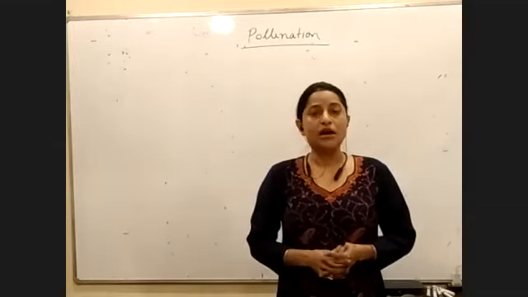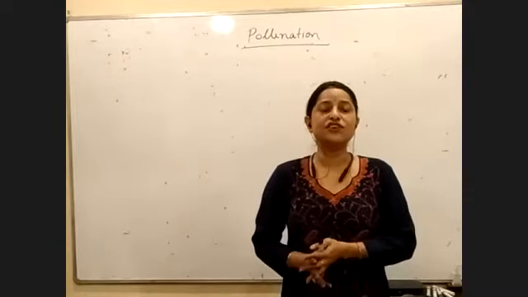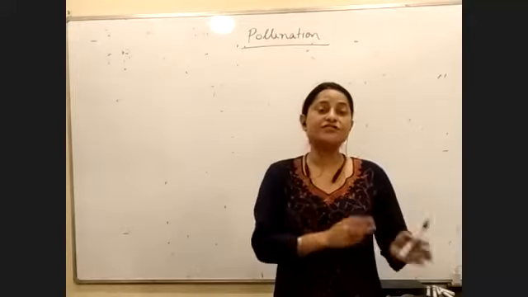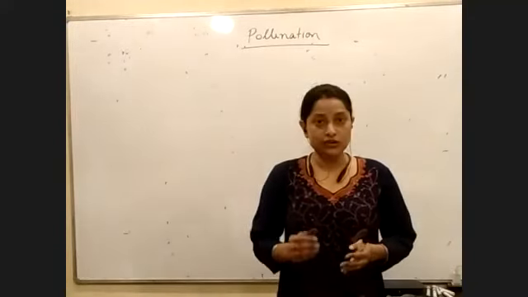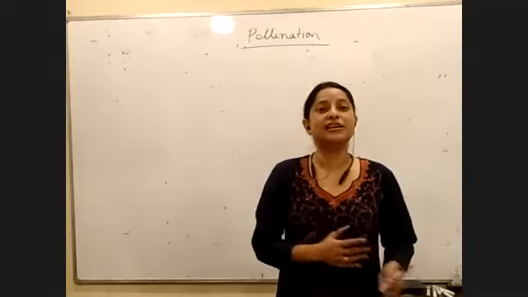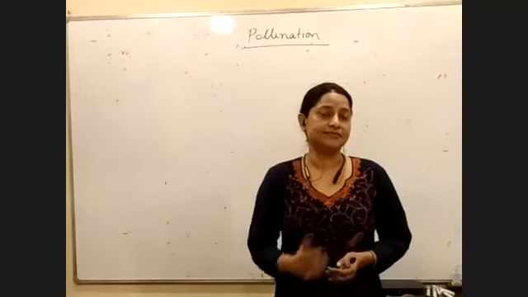Are you understanding? Pollination is necessary. What is pollination? Transfer of pollen grain to the stigma. And for this transfer to occur, you need certain type of agencies. Now the point is, why do the pollen grains need to be transferred? Can't they go all by themselves?